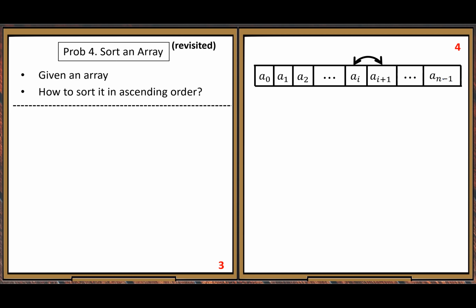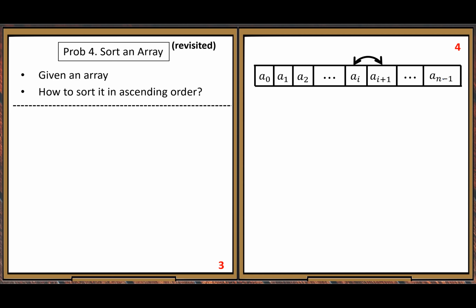Let's look at two elements. Here, I use two arrows pointing to two elements. Think about when we sort all the elements in this array, what is the special property related to the order of these two elements?